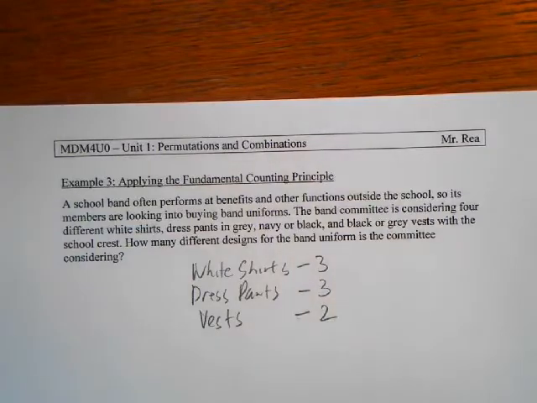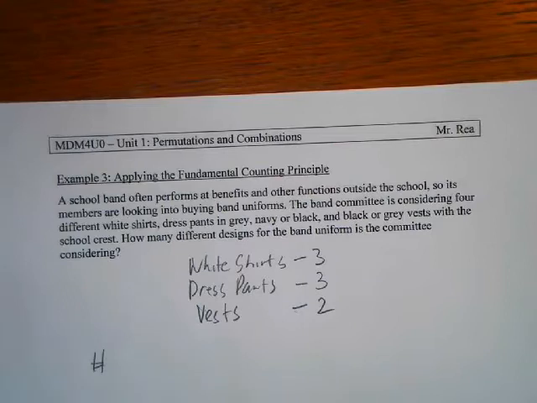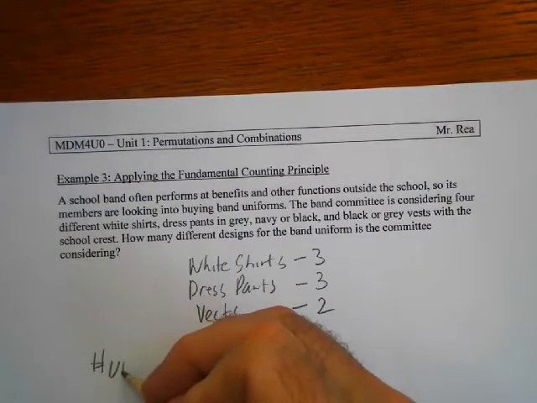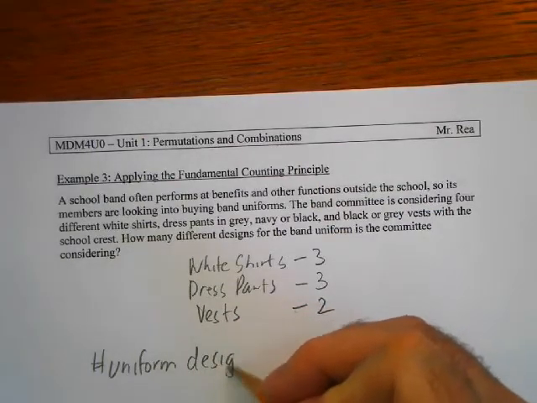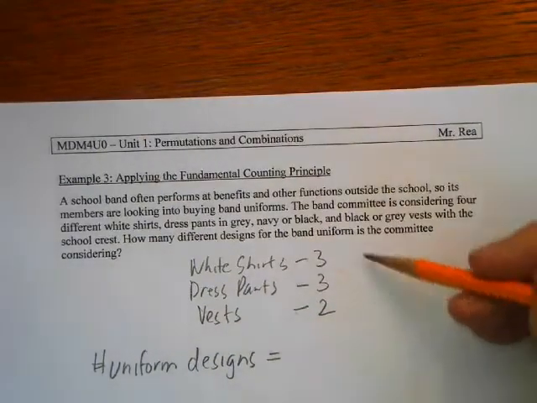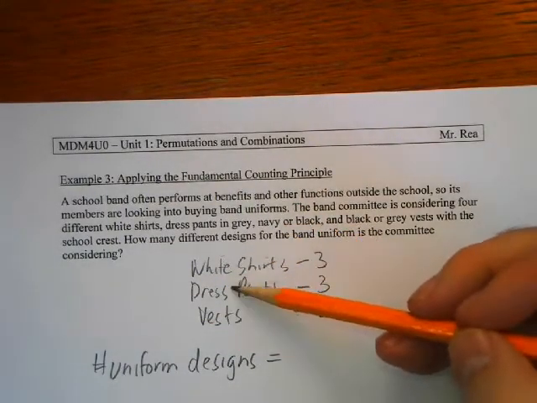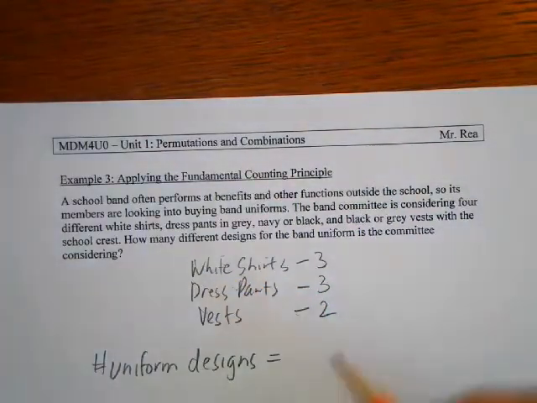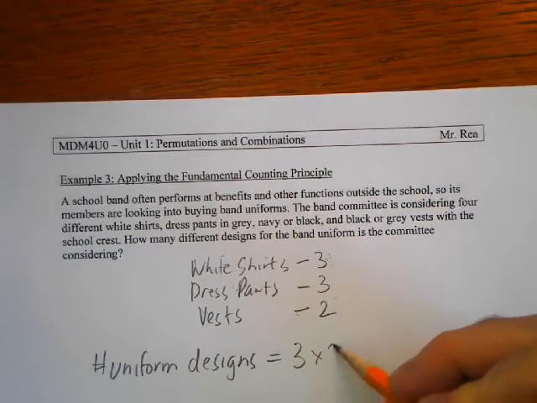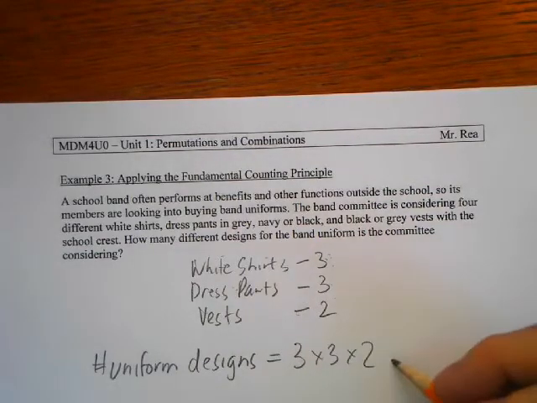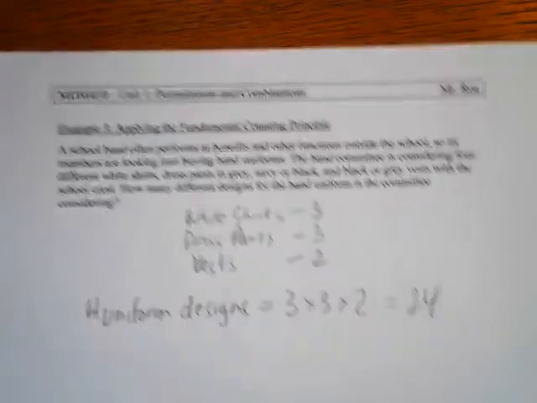That's 2. Okay, so if I want to know the total number of uniform designs that are being considered, okay, now we're choosing white shirts and dress pants and vests. So that means we're multiplying all the choices of each. So that's 4 times 3 times 2, which is equal to 12 times 2 is 24 different uniform designs.